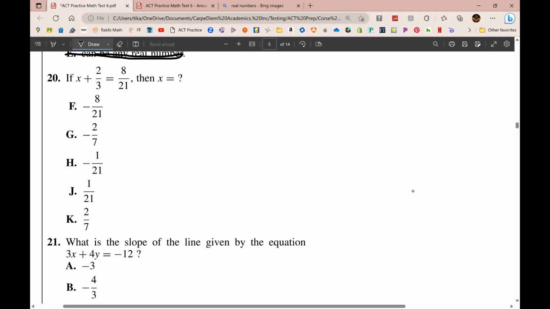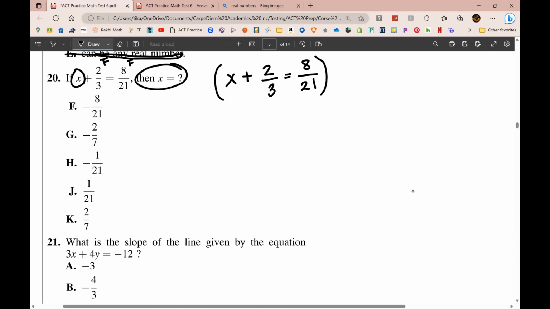Big thing to know whenever you're solving, because it says x equals question mark, and there's your x, and then there's fractions, fraction here, fraction there. You have to remember you're going to have to multiply to get rid of the fraction. Don't ever leave anything in fraction form because it will develop more fractions for you to deal with.